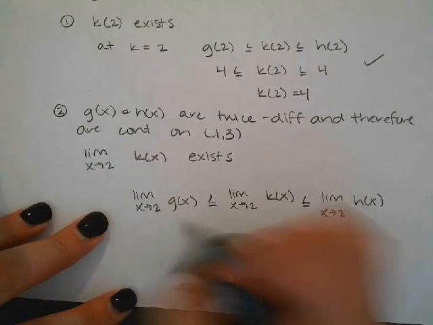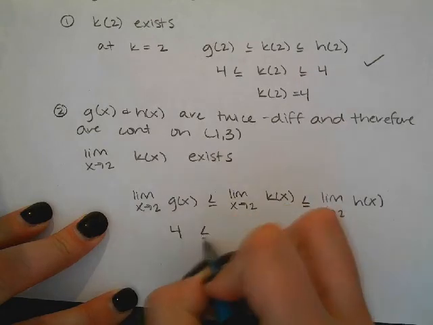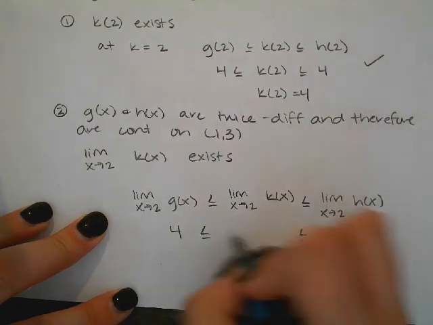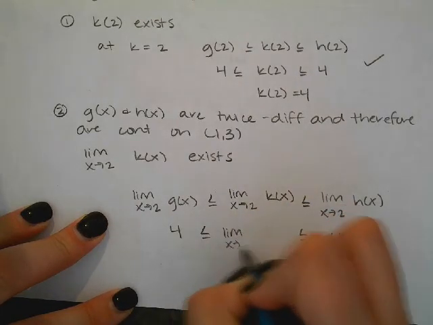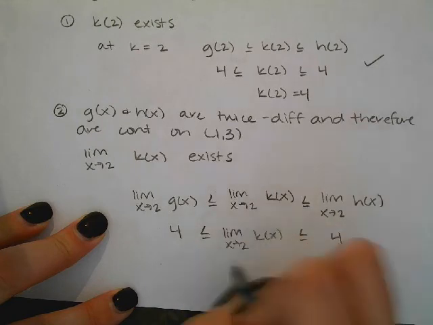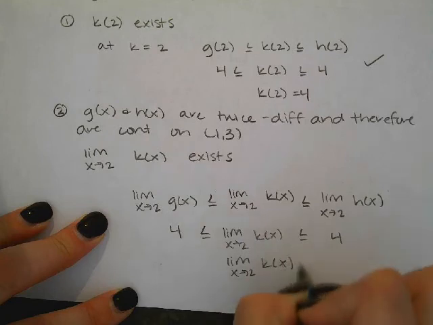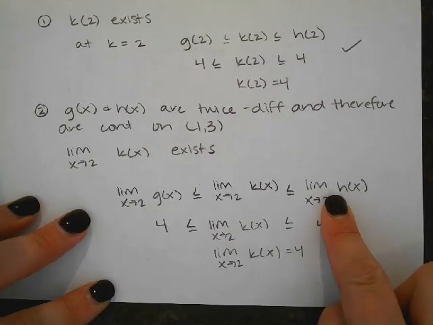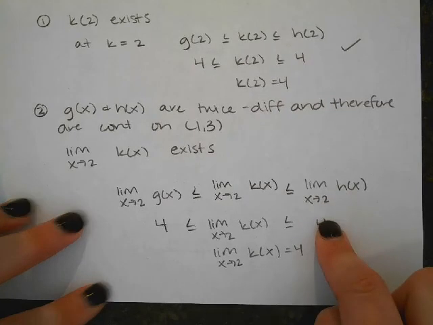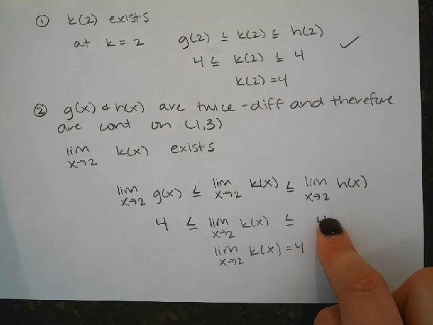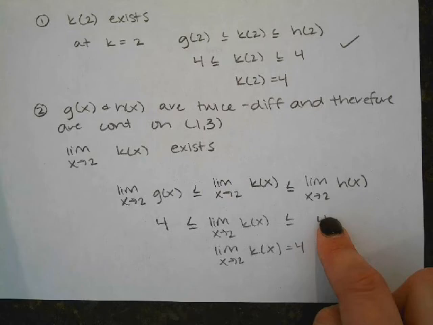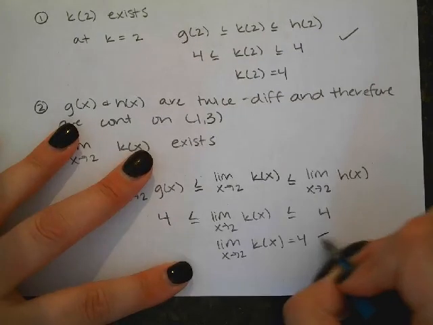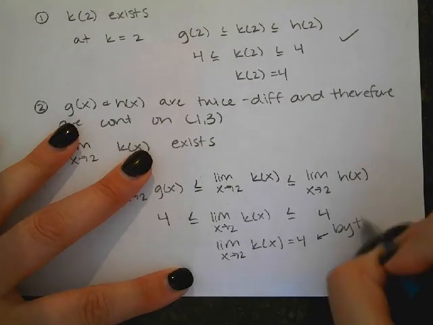So here we can say, all right, so the limits are also 4. And so the limit as x approaches 2 of k of x has to equal 4. And what we were able to do here in calculus, this has a title, and it's called the Squeeze Theorem. And I'm pretty sure we did it in the first unit. So this is by the Squeeze Theorem.